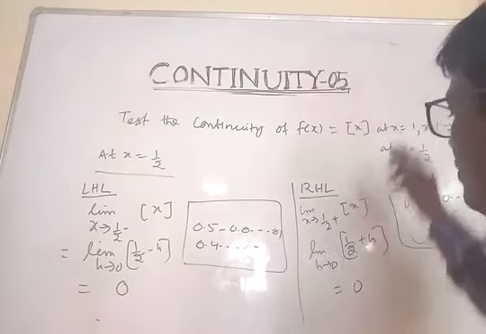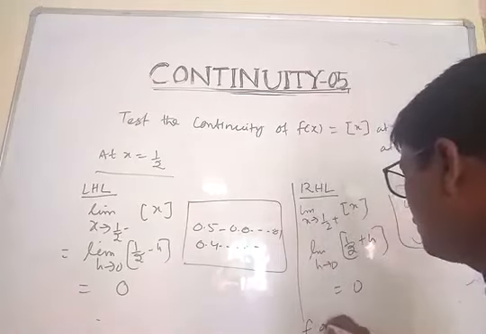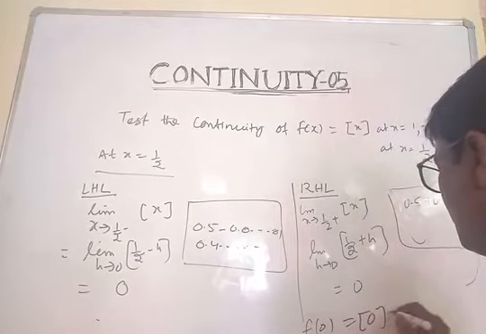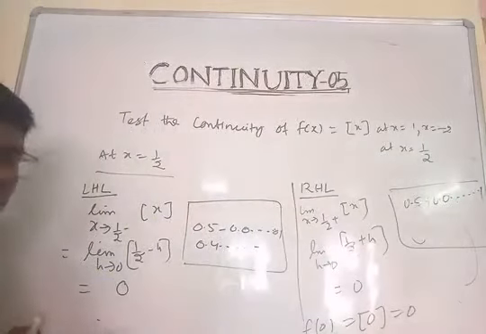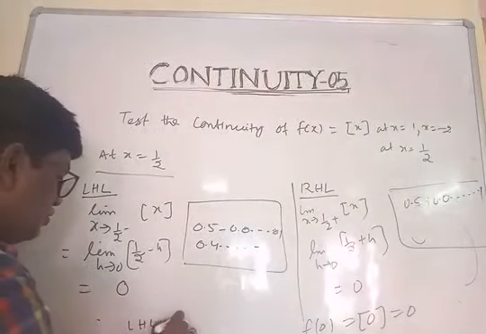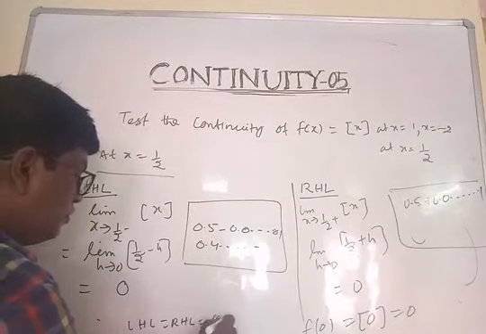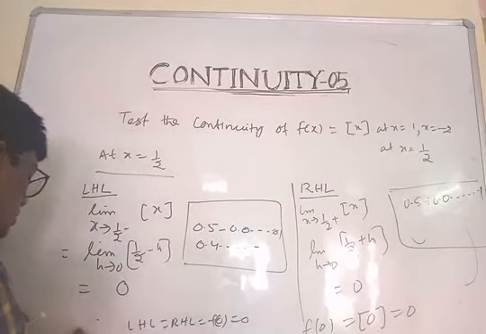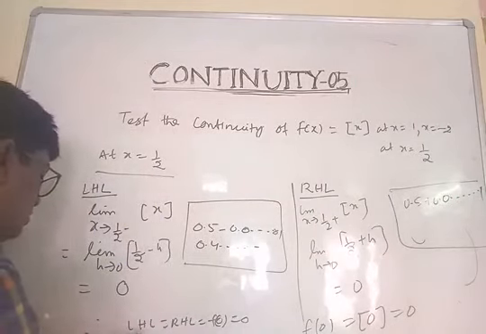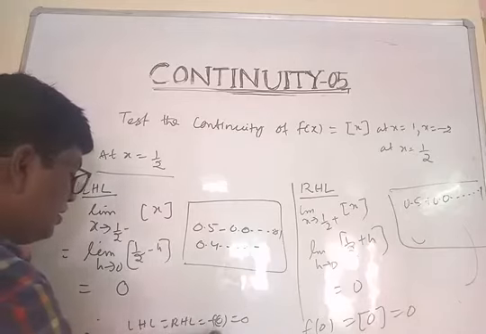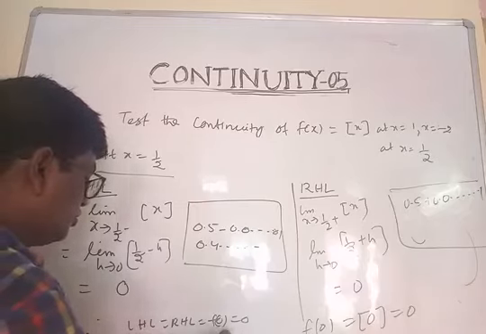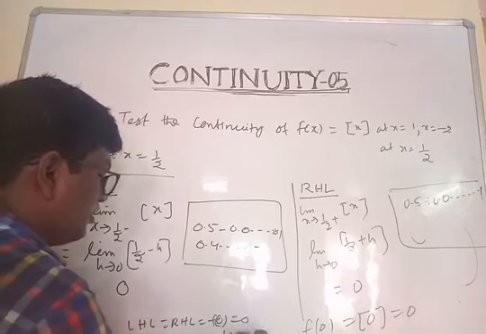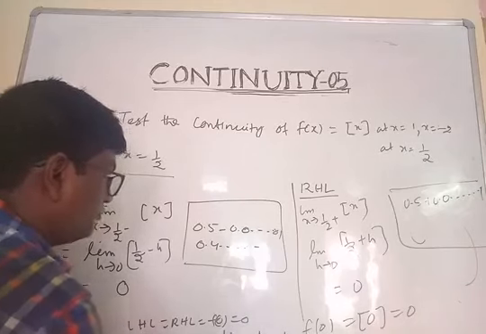What is f of 0? f of 0 is equal to bracketed 0, which is equal to 0. So LHL is equal to RHL is equal to f of 0. All are zeros, so f of x is equal to bracketed x is continuous at x is equal to 1 by 2.